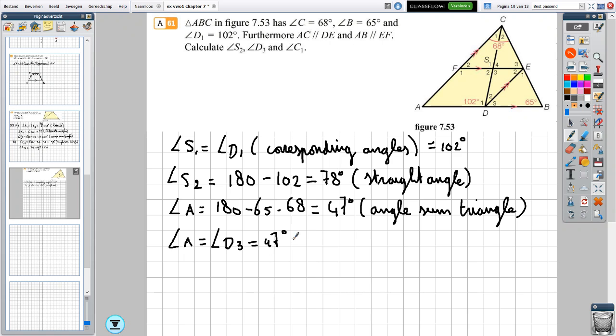Right. Why? Because of our corresponding angles. The F angle. And again, this could have been done with calculating angle E2 and then using an alternate angle. Maybe some of you were able to calculate angle E1 and then do an angle sum triangle in this part.